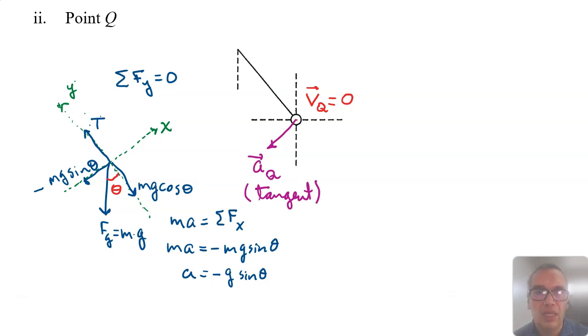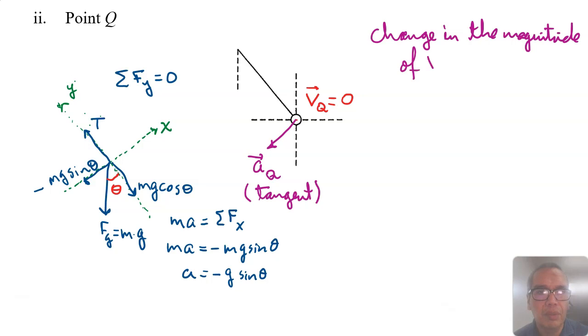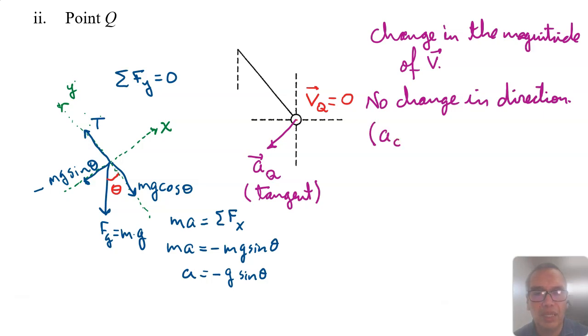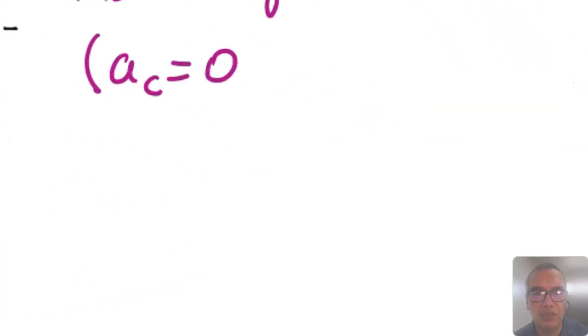So in this case, you could say the following, that there is only change in the magnitude of the velocity, but, and here is another controversial thing, there is no change in the direction of the velocity. Or in other words, what this is saying is the centripetal acceleration has to be zero.